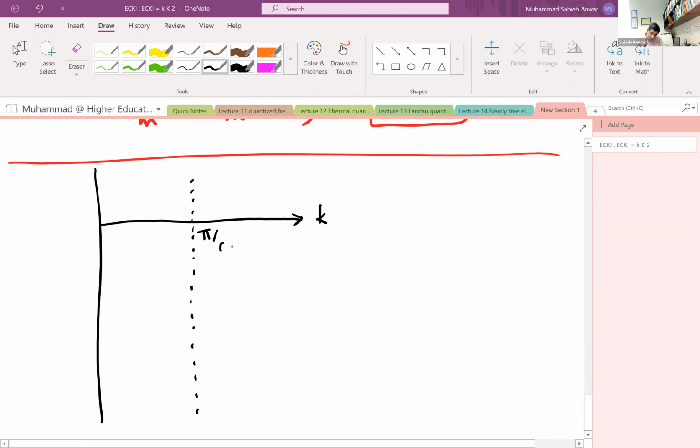So this is the zone boundary. Now, if I were to look at the dispersion relationship, this would go like this. It curves down here near the zone boundary and then starts from a gap. Okay, so there's a gap here.